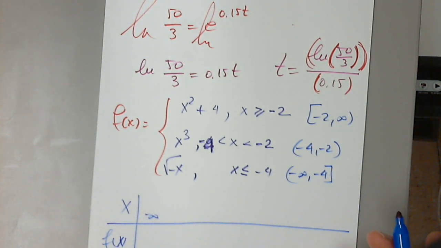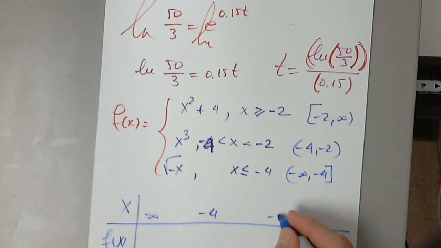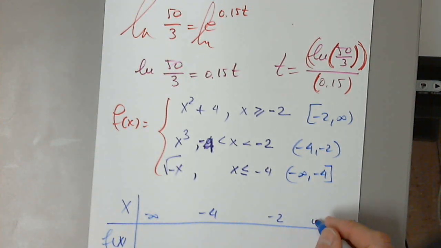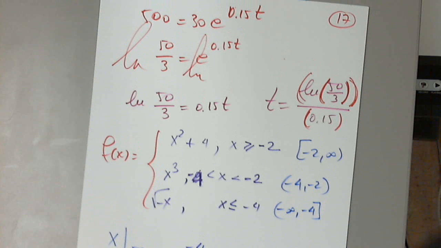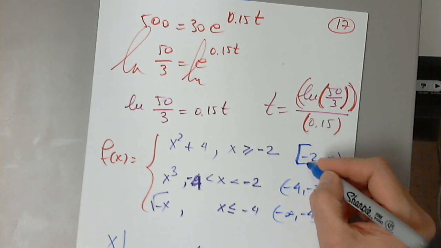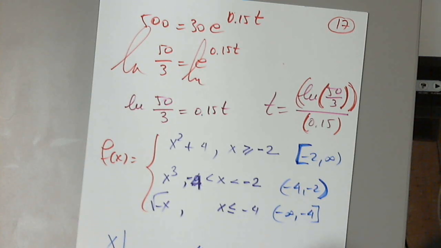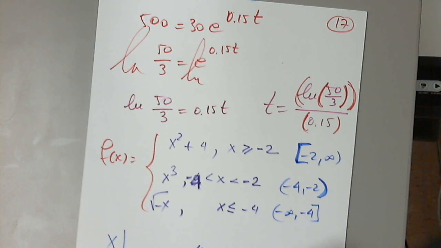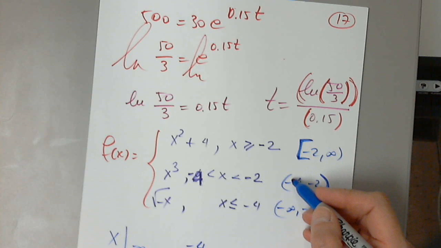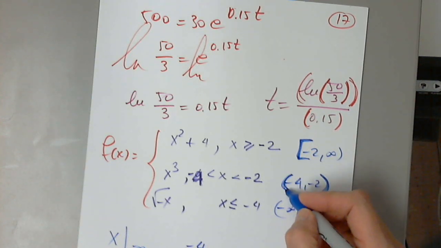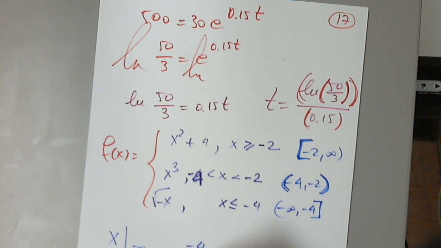One of them is at negative 4, and the other one is at negative 2. And also 0 has to be in the table. So under negative 2, I will be copying these symbols in case you are using my method. Under negative 4, I will be copying this to the right and this to the left.